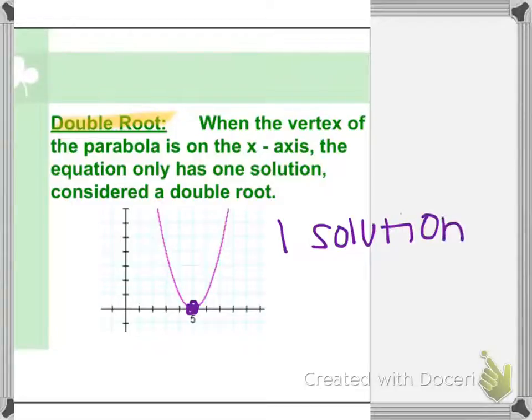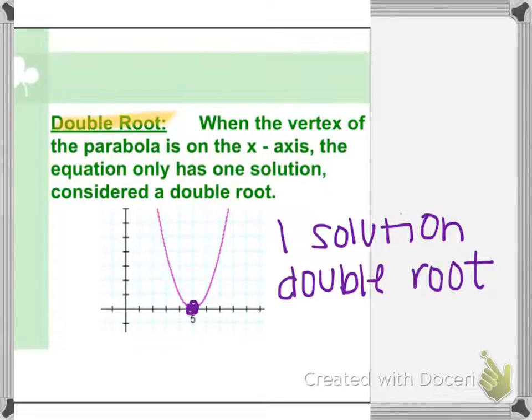And you would tell me it is a double root. Because it kind of crosses twice. Like it comes down, it hits it, and then it bounces back up. Whenever something changes direction like that, it's considered a double root. The vertex is the only point on the x-axis, so there's only 1 solution, but it's a double solution.